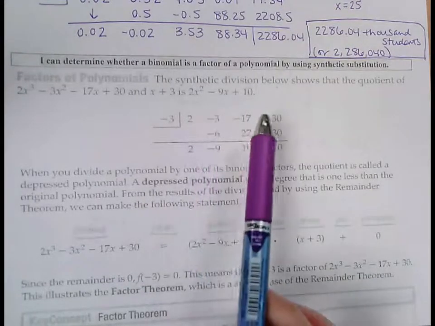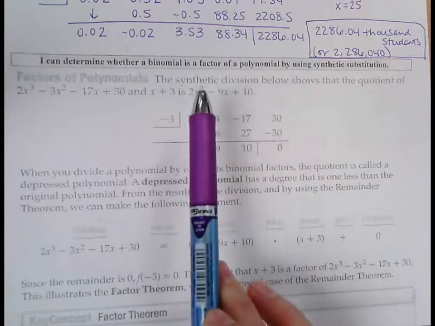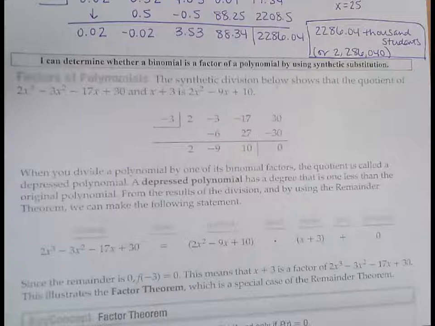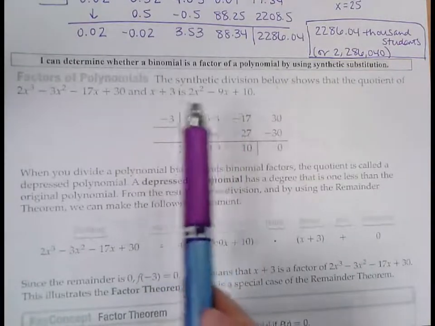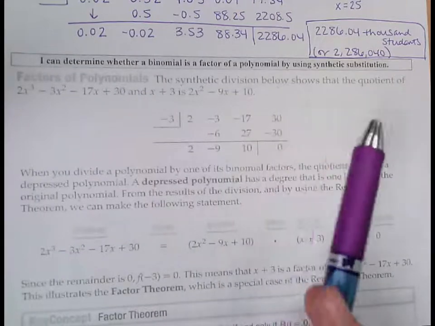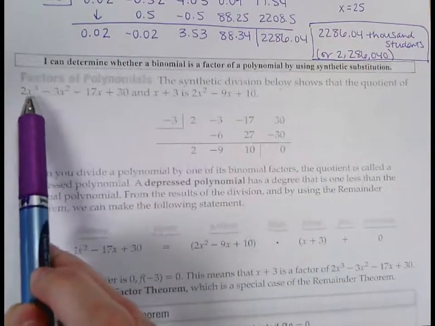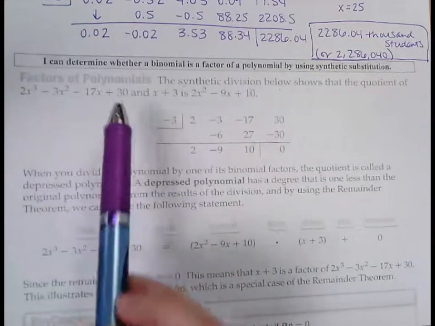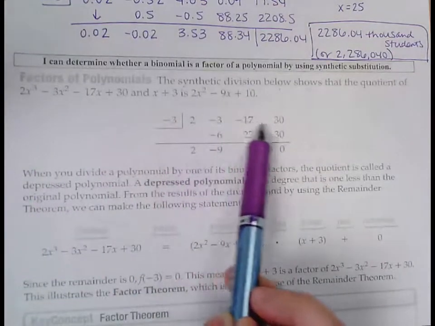So it does give an example here. This is making sure you understand how this is all pieced together. So the synthetic division that is shown here shows the quotient of, and it gives this polynomial 2x cubed minus 3x squared minus 17x plus 30. So you can see those coefficients here.